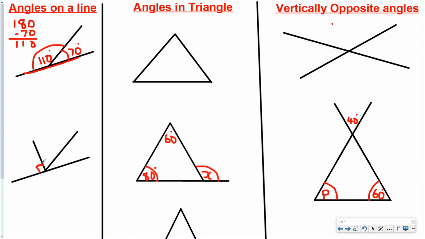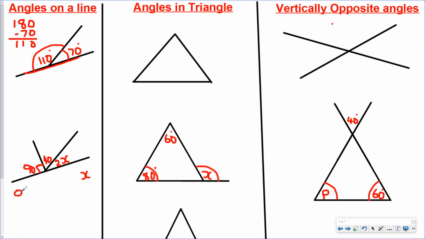Now here we've got a 90 degree angle. Say this is 40 and this is 2x, and we're asked to find x. We know that's 90, that's 40.